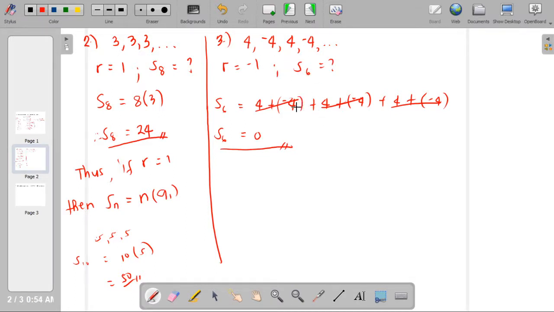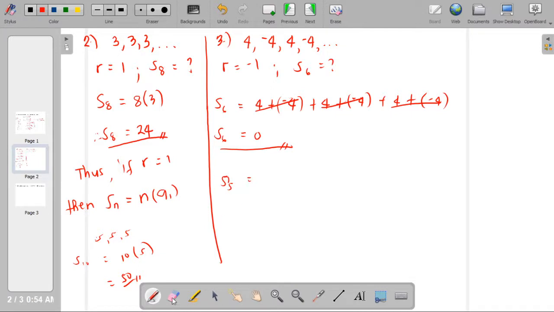This is our conclusion, a shortcut method if your r is equal to negative 1. Now, what if you want to find the sum of the first 5 terms? S sub 5.